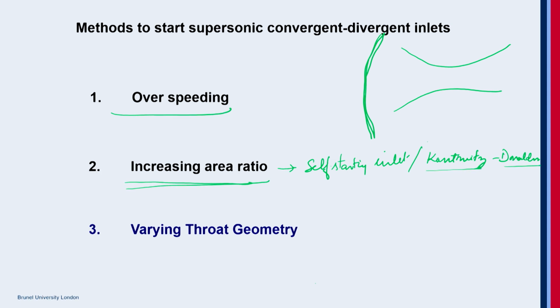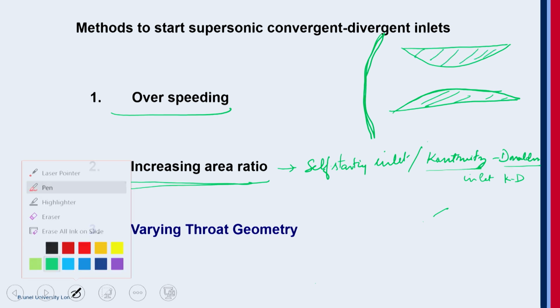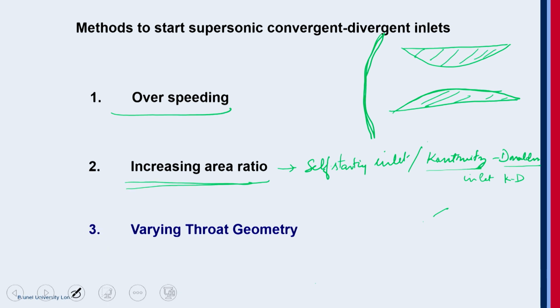It's called the Kantrowitz-Donaldson inlet, or sometimes the KD profile. So if this is the isentropic geometry, then the KD profile will be something like this, which has a larger area.